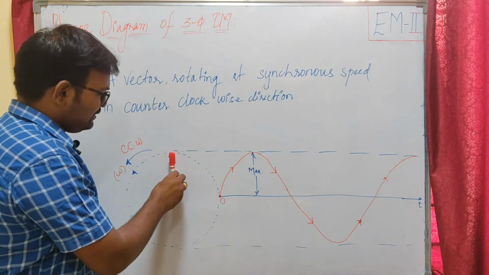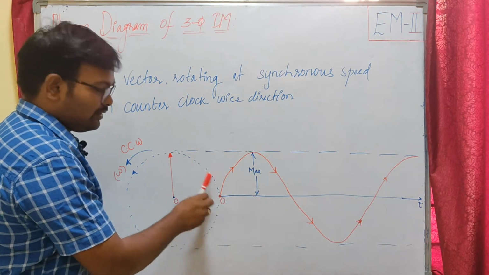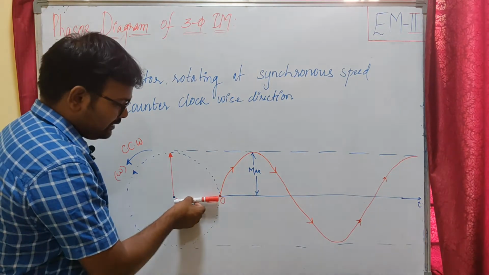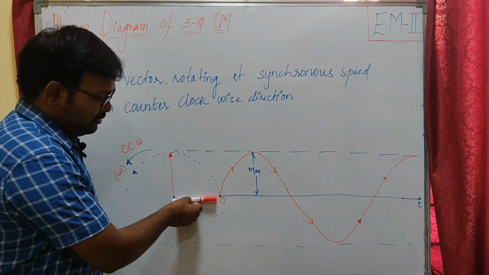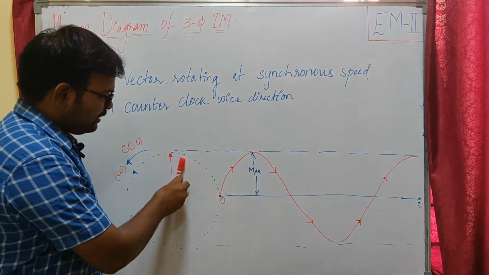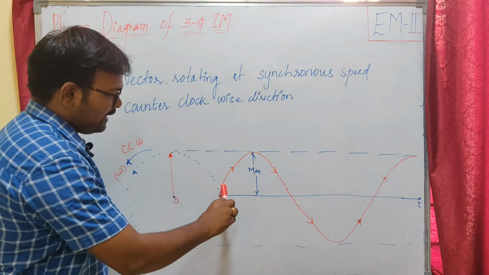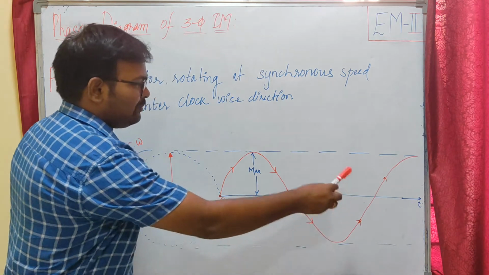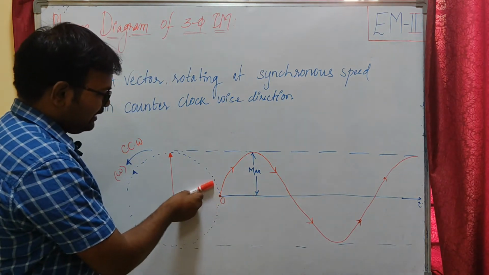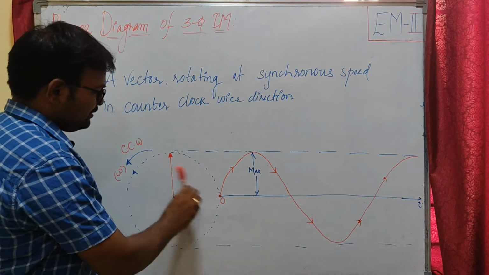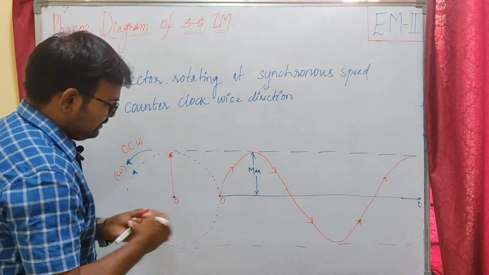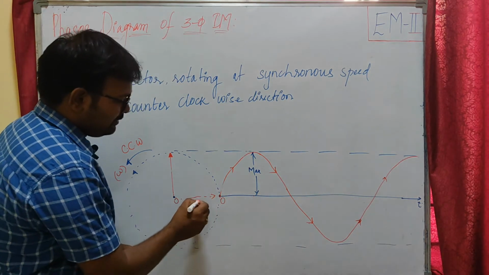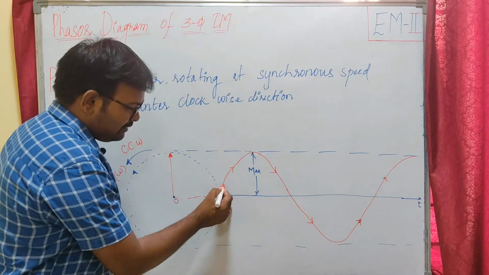Initially the phasor is at the vertical position, at 0. Whenever our phasor is rotating in counterclockwise direction, you can see it tracking a sinusoidal waveform in the time domain. Whenever it makes an angle, you can see the change in the waveform. Initially, when our phasor is at this position, our waveform is at 0.